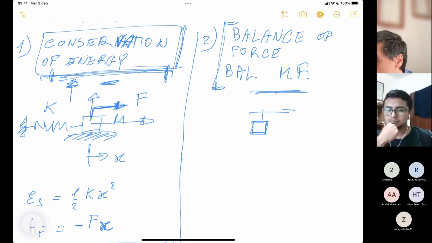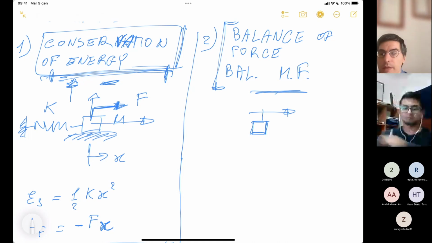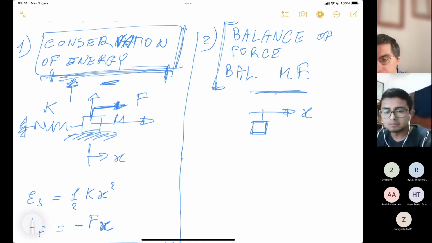So we have to do exactly the same for describing the kinematics. So we have to define with a reference frame the variable x, which represents the motion of this material particle.